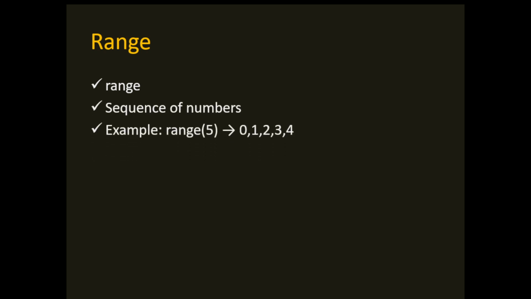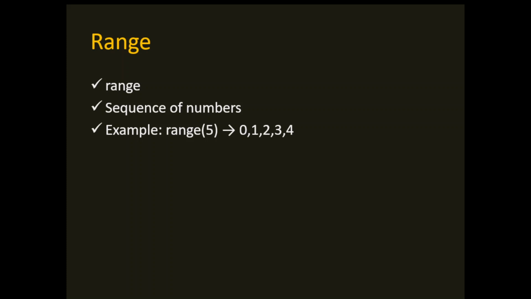Range: the keyword is range. It is a start and end point of a sequence of numbers. Remember, in Python counting always starts with 0.